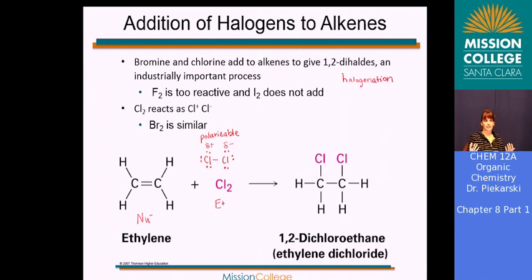Now, I told you in the last lecture, when you're making your tables, not only are you looking at examples of reactants, reagents, products, that sort of thing, but you're looking for regiochemistry, which we're going to get more into again, and stereochemistry. Is the reaction stereospecific or not?